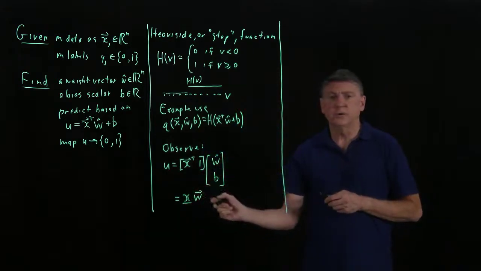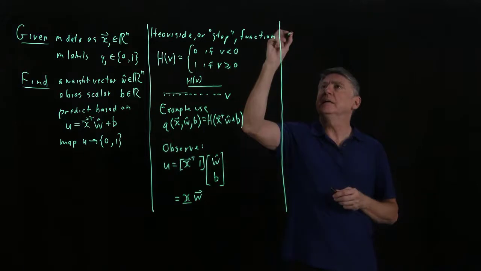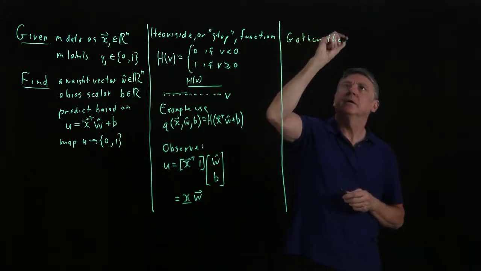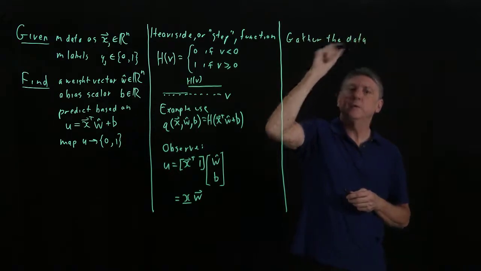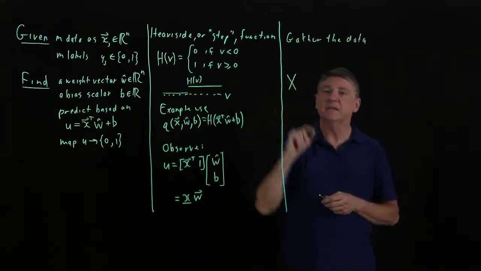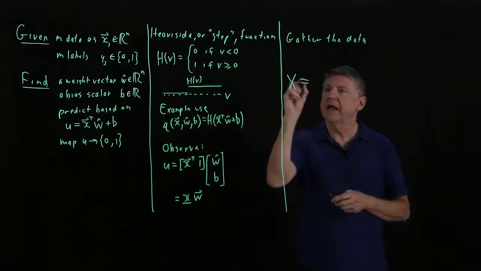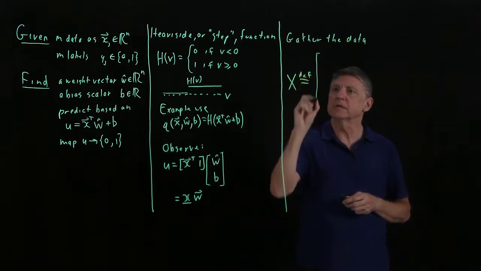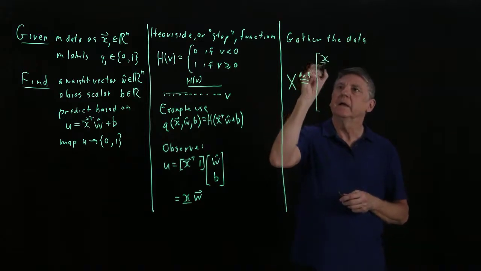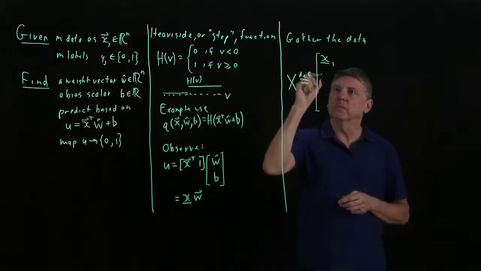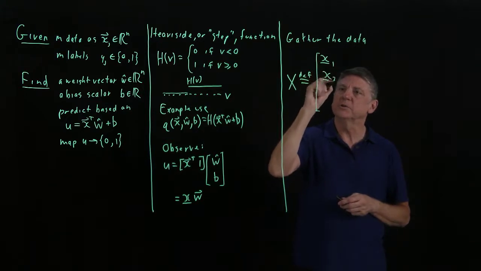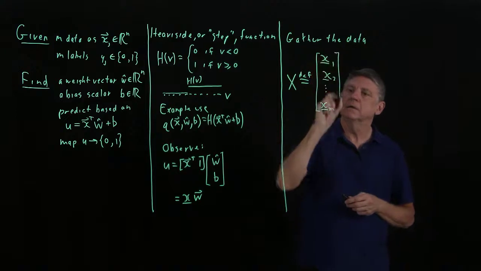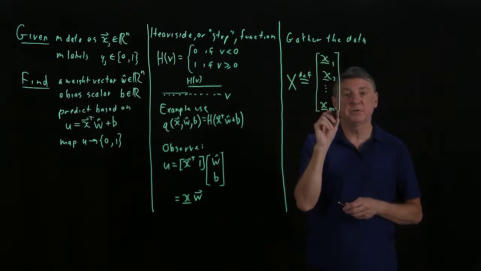What we can now do is gather the data. We will use a capital X for our design matrix, and we'll define that for the purposes of neural networks as X1 form 1, X1 form 2, and so on to X1 form M. So this will be an M by N plus 1 matrix.